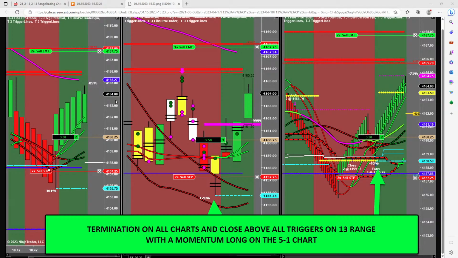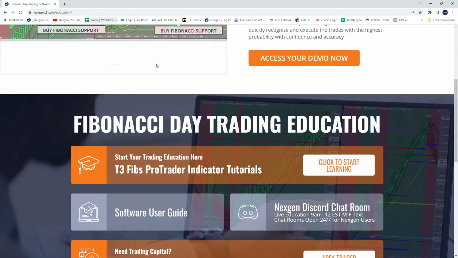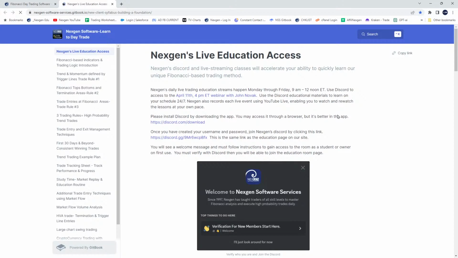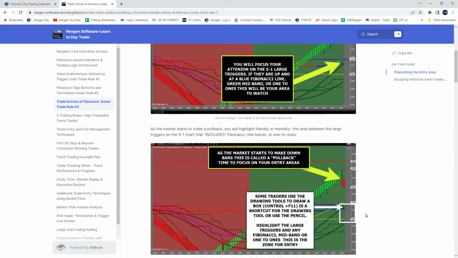So again, we had talked about the concept of reactionary trades or anticipatory style trades. When you're going through our trading plan, the only trade that we teach you initially is the anticipatory trade, right?